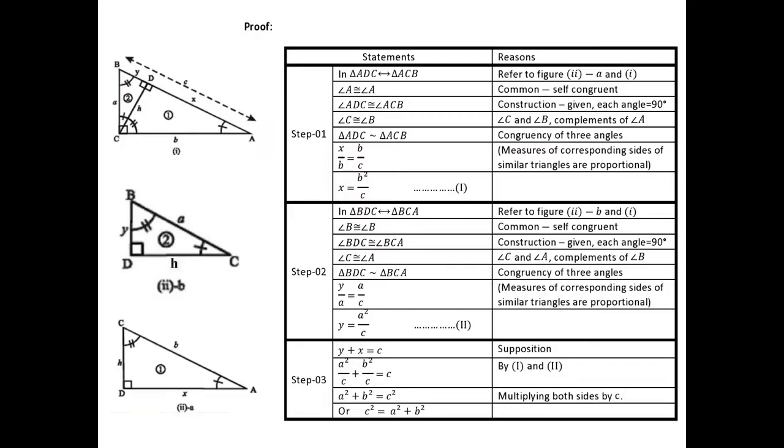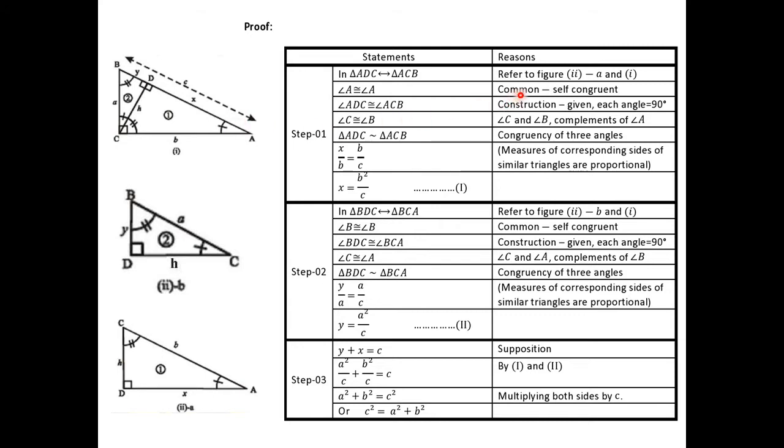Now we are moving to its proof. In the proof, we are taking two triangles, triangle ADC and triangle ACB. This is triangle ACB and ADC is the other one. If you compare these two triangles, first of all, angle A is congruent to angle A. Yes, this is angle A and this is angle A. Both are common.